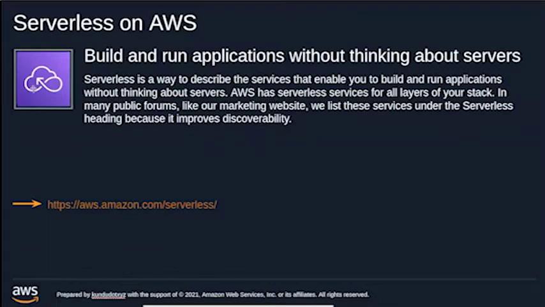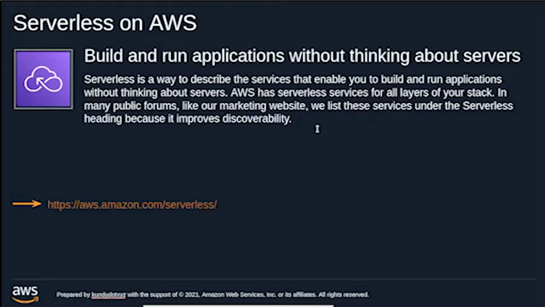You can build and run applications without even thinking about your servers, and this is how awesome it is. You can only focus on developing your features and deploying them. AWS will take care of the whole server side. While developing serverless applications, it is good to have different layers or stacks in your application, so that every layer and every service can work independently, no matter what happens to another service.